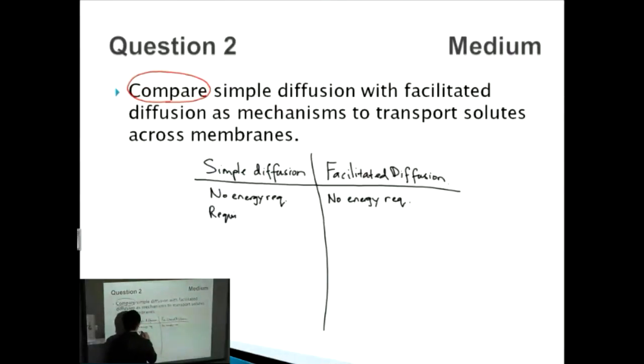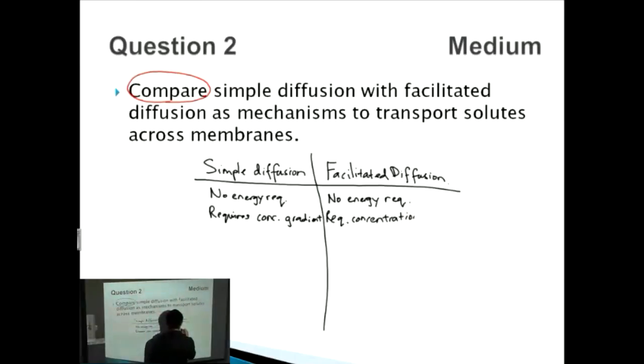Requires concentration gradient. And similarly for facilitated diffusion. Okay? What else is there?